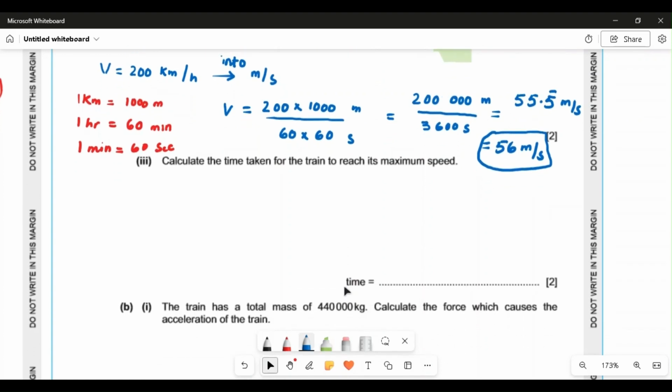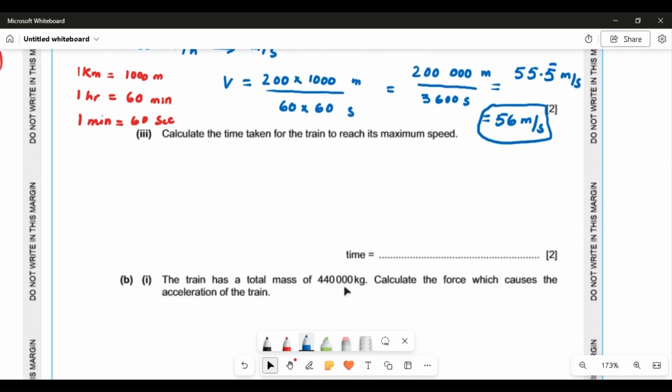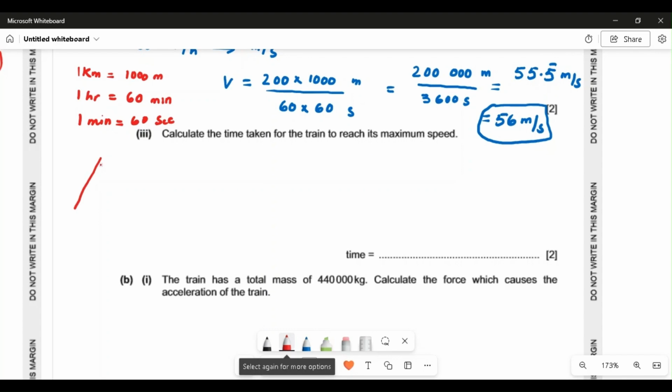Calculate the time taken for the train to reach its maximum speed. So, train has to reach maximum speed, but we know the relationship for the acceleration, that acceleration is always equal to rate of change in velocity, delta v by delta t.